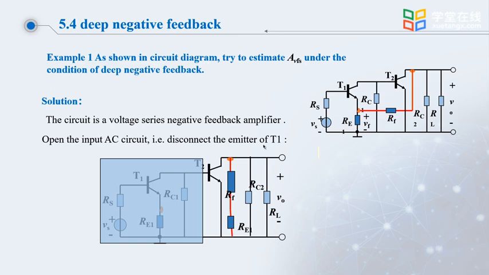It's the ratio of two voltages, and we call it AVF, the closed-loop voltage gain. So if it's a current series, that is, the input is a voltage signal and the output is a current signal, what exactly is this X? Output is current, input is voltage, so it should be a mutual conductance gain.